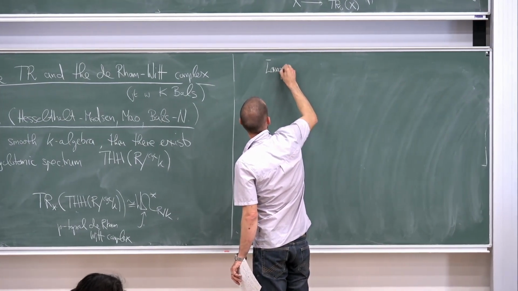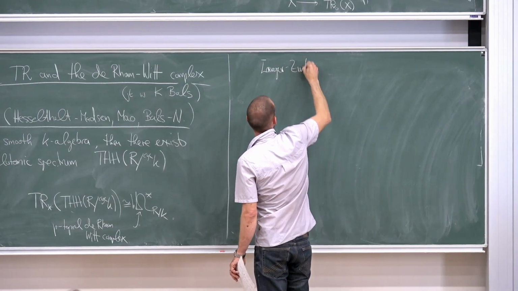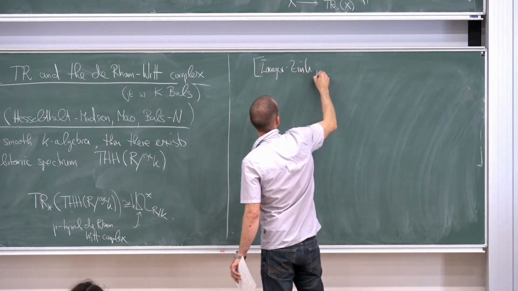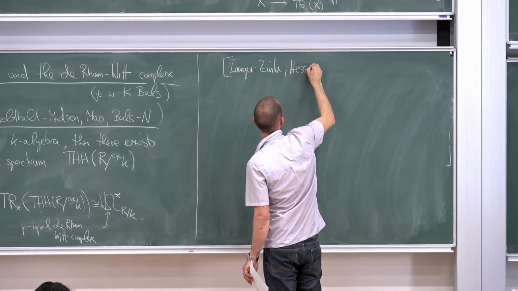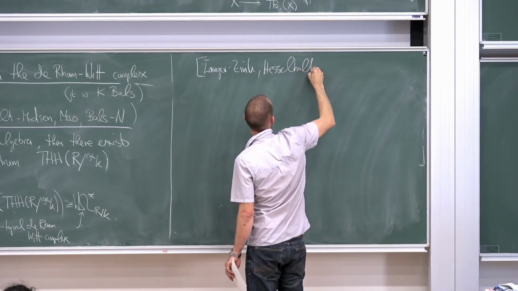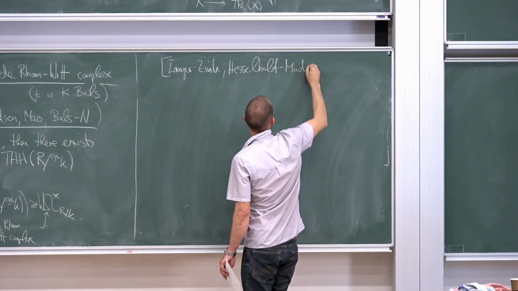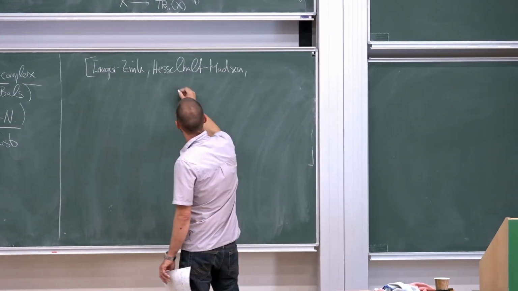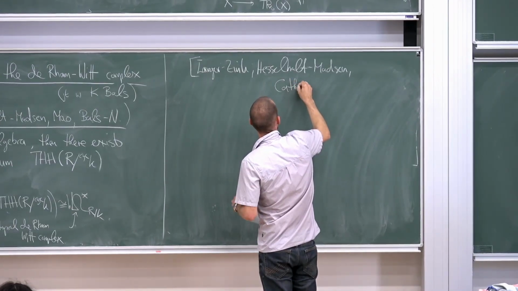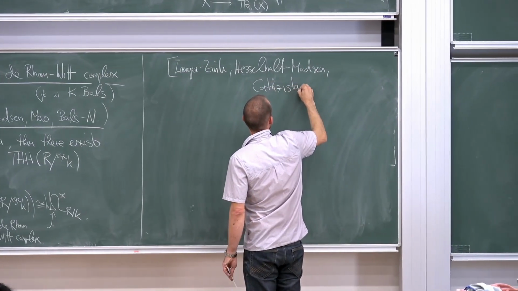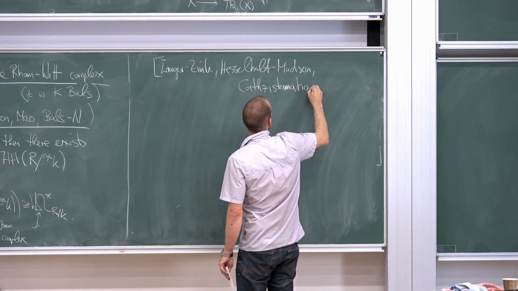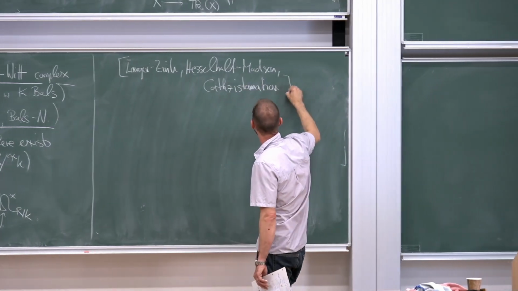Langer–Zink first. Then there was input by Hesselholt–Madsen, who defined something called the absolute de Rham–Witt complex. And then Matthew, based on that, defines the relative one.